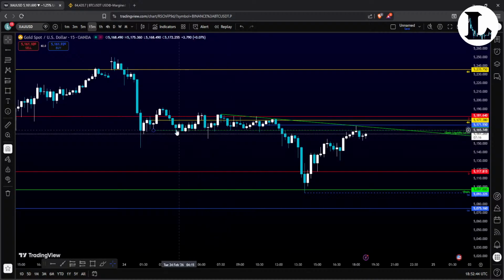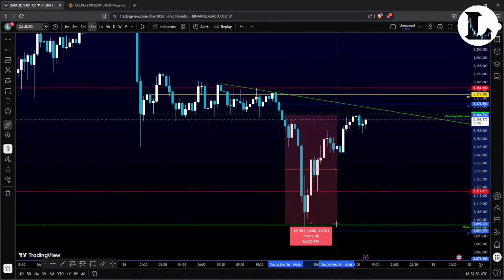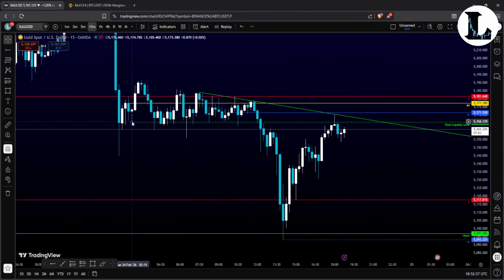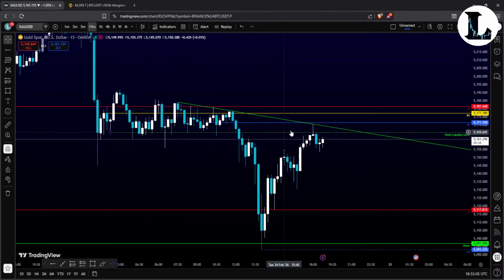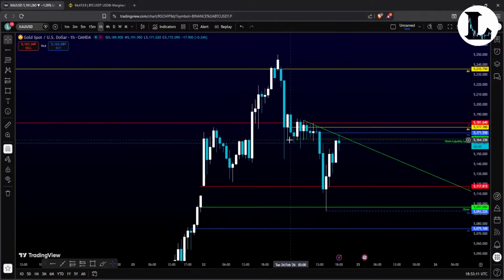Okay, the 15 might not be enough. This liquidity here already had the action, right? 1.3% down. I probably don't want to say this, but we might see a big move up just because this liquidity was already taken and it's just on a 15-minute level. So we already had a big reaction after that liquidity level.